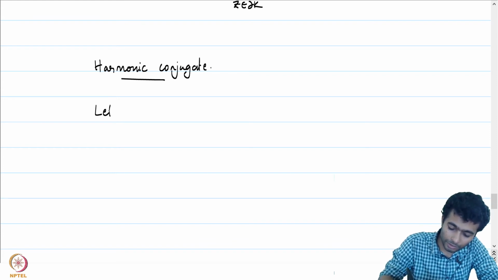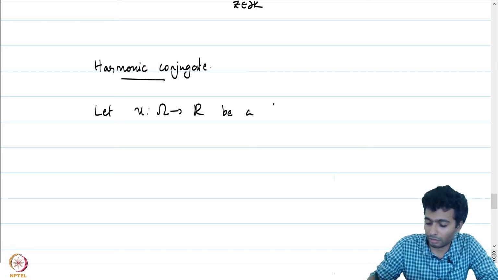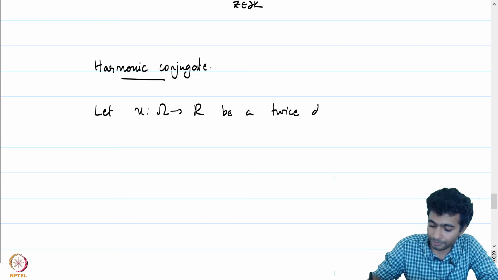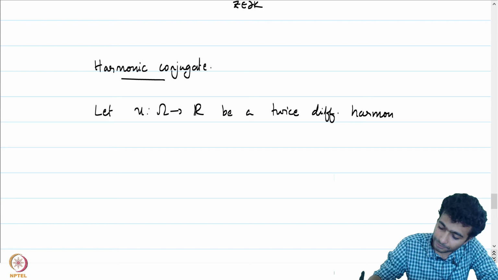So let u from omega into R be a twice differentiable harmonic function.